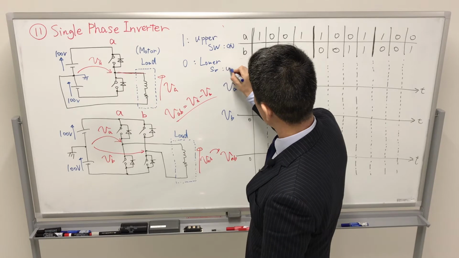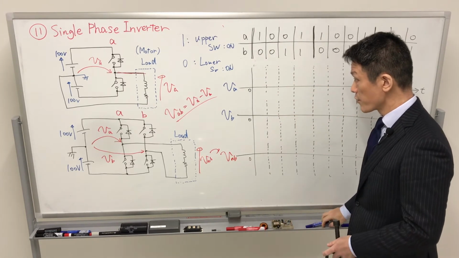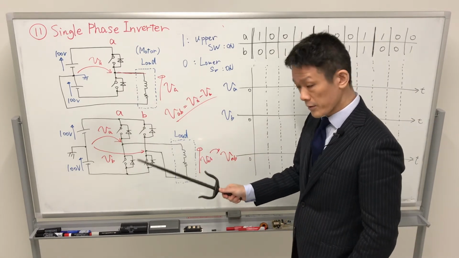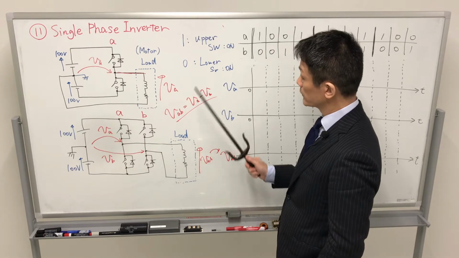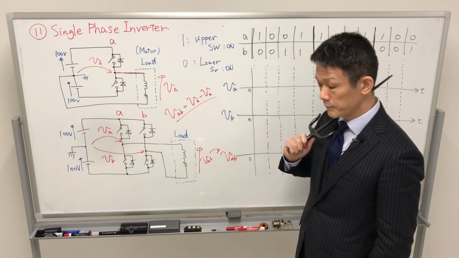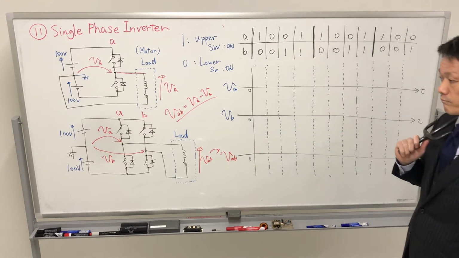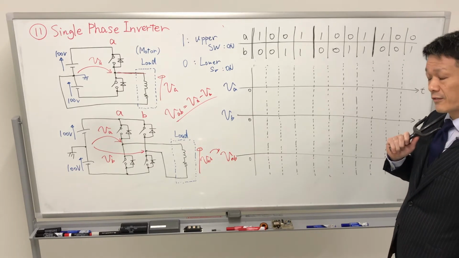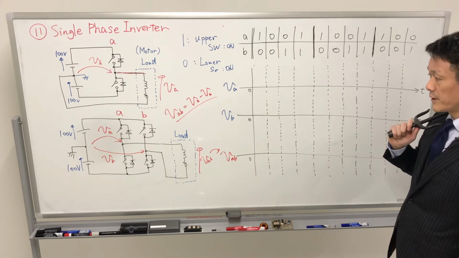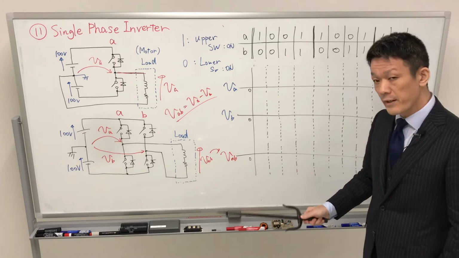In case of the lower switch on and zero, the upper switch is of course off. Upper switch on, lower switch is off, of course. Using this knowledge, you can describe the VAB. Our target is the VAB.